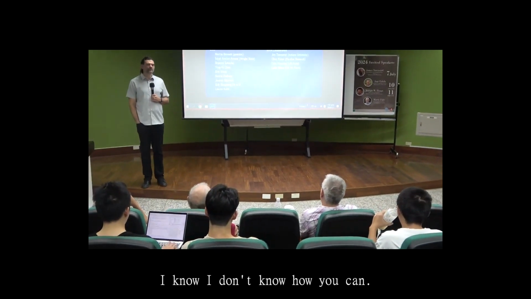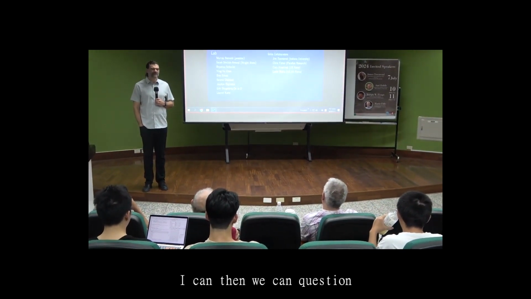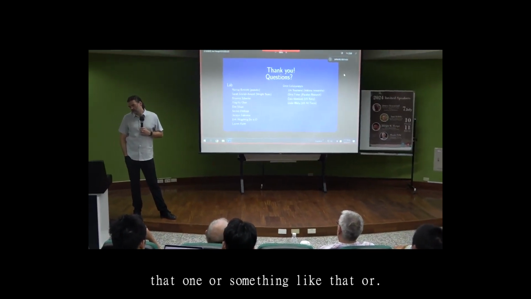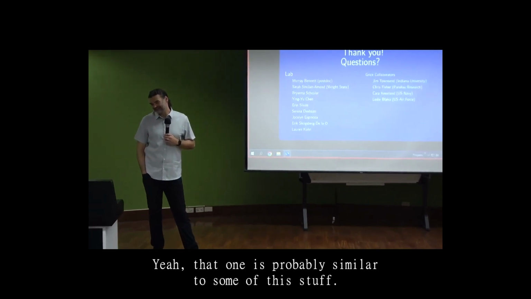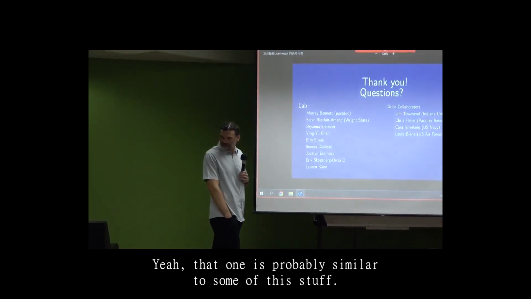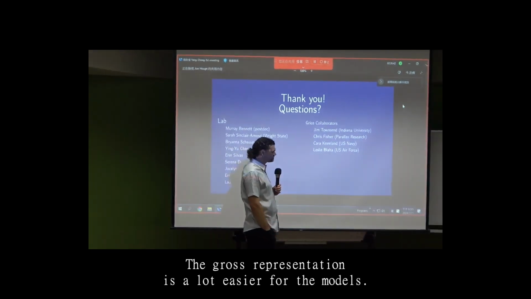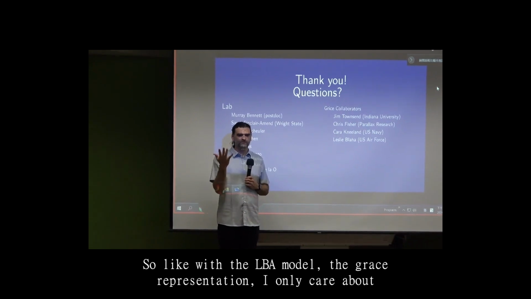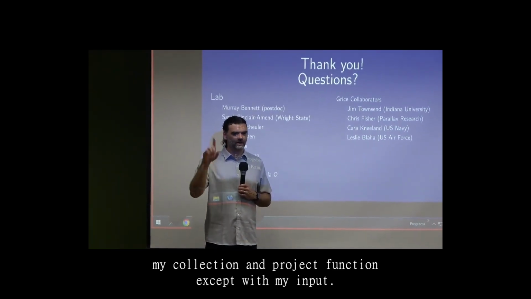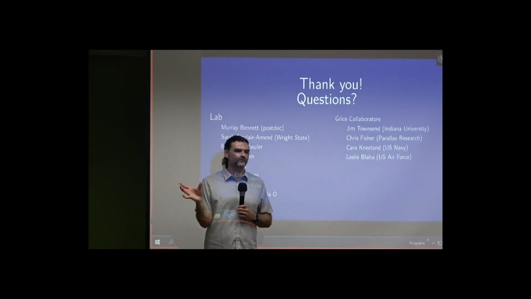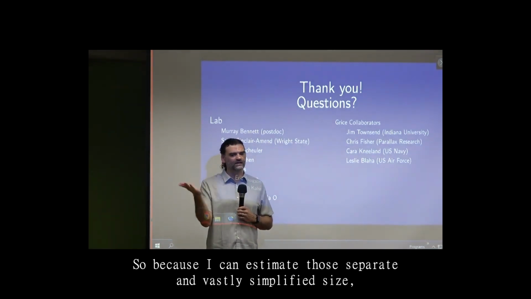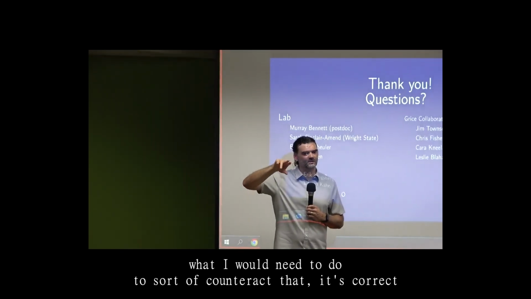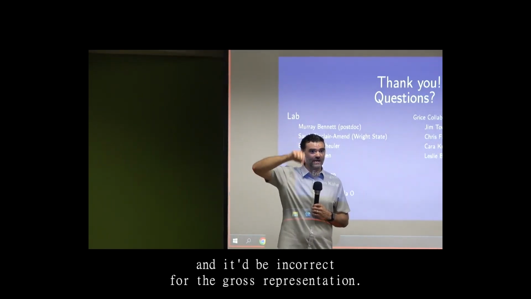I don't know how you can present those forms for this model, how you can then make a Grice representation like that. Is this something like a hack? Yeah, that one was probably simulated. For some of the models, the Grice representation is a lot easier. With the LBA model, in the Grice representation I only care about my correct cumulative hazard function separately from my incorrect one. Because I can estimate those separately, it vastly simplifies what I would need to do to account for the fact that it's correct and the other is incorrect.